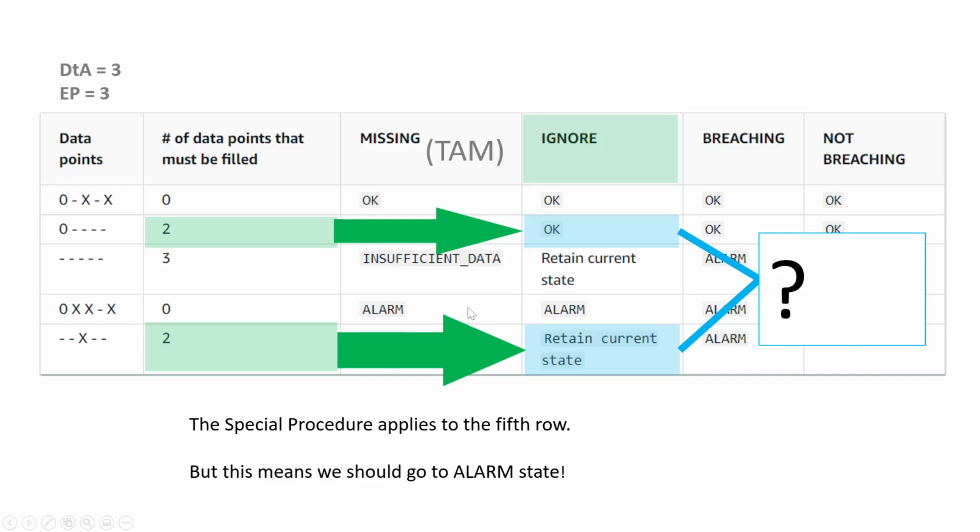Now I'll go over the special procedure in a minute, but the moral of the story is that the special procedure means this row should go to alarm state.